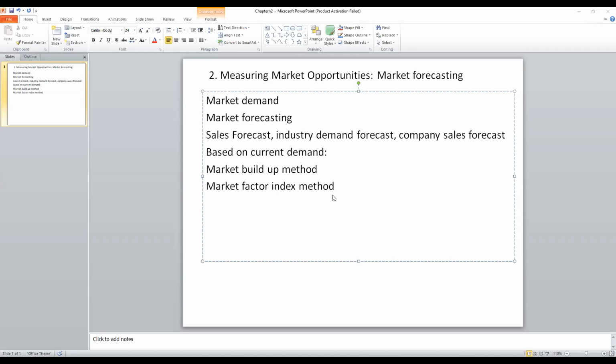If the information collected is accurate, then we can say that this method is up to the mark, that it gives you the clear picture in totality. The next is chain ratios. We'll see this later, and the market factor index method.